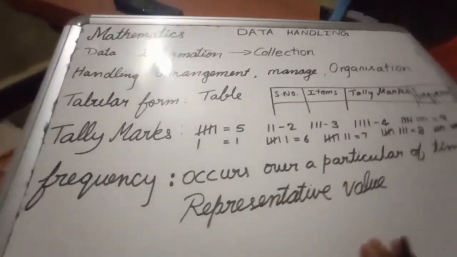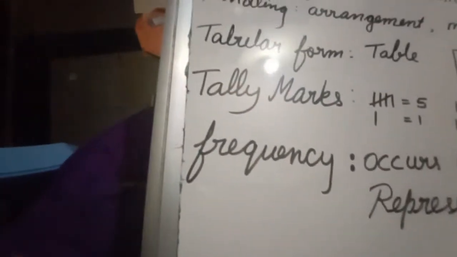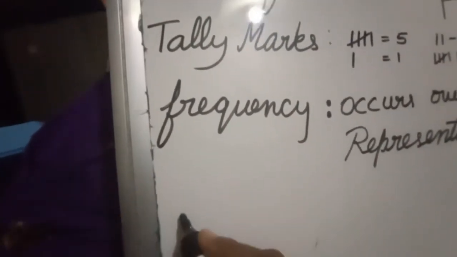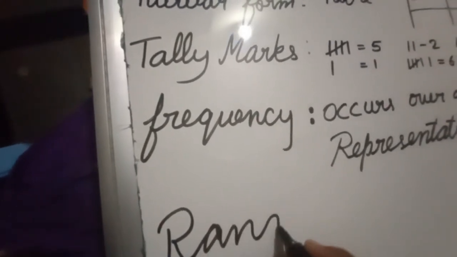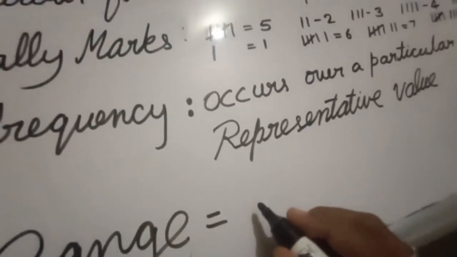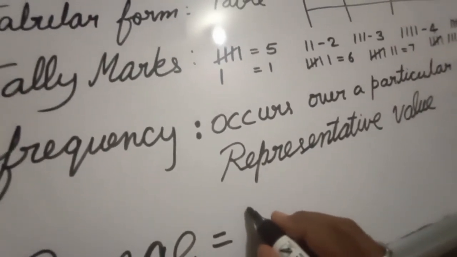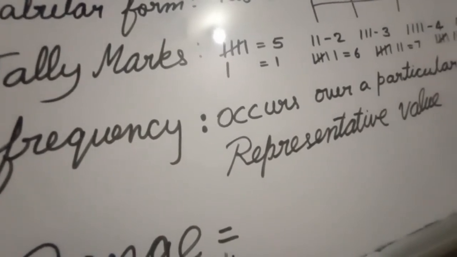One more thing we are learning here is range. What do you mean by range? You have heard about the range, network range. The range will be shown in the mobile in this way, right?